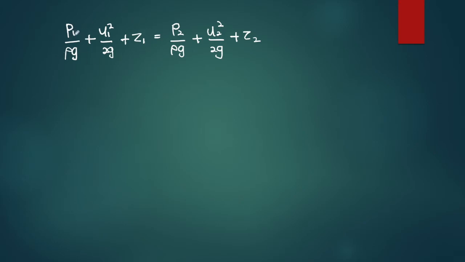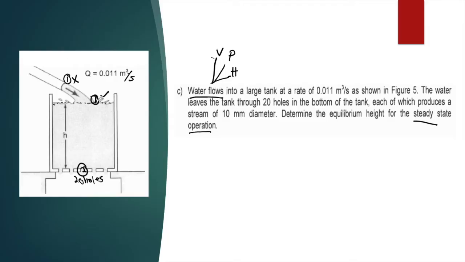Let's take a look at the first one, the pressure head. I have already selected point number 1 and point number 2. Point number 1 is open to the atmosphere, therefore P1 is equivalent to P atm. What about P2? This flow will flow out to the atmosphere. Therefore, point number 2 will also be P atm for the pressure.